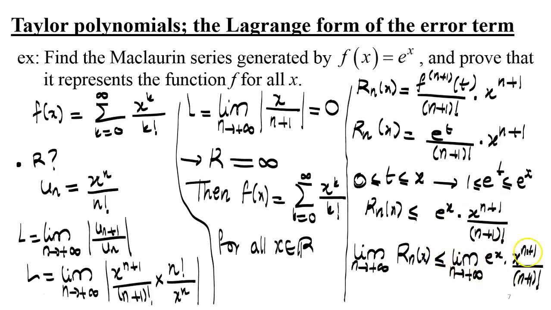So over here, taking n to infinity, e^x is constant with respect to the variable of the limit. And over here, x^(n+1) divided by (n+1) factorial, we know for a fact that this is infinity over infinity, it's indeterminate.